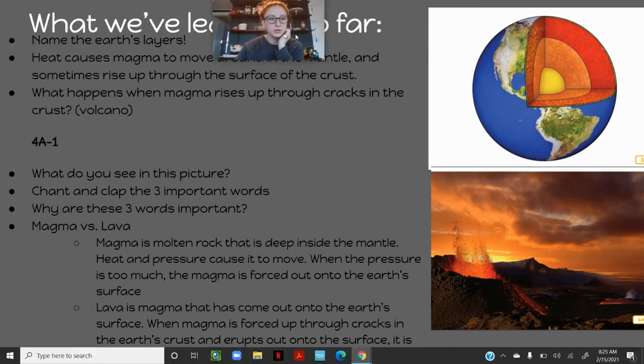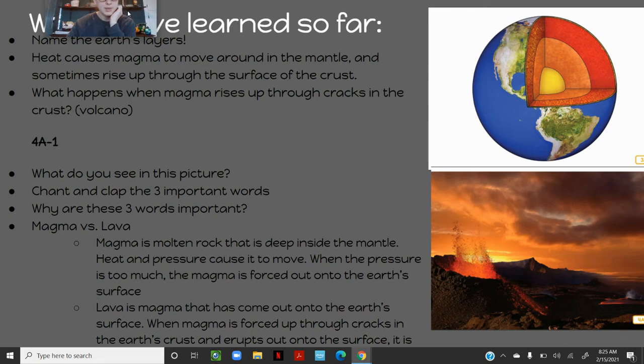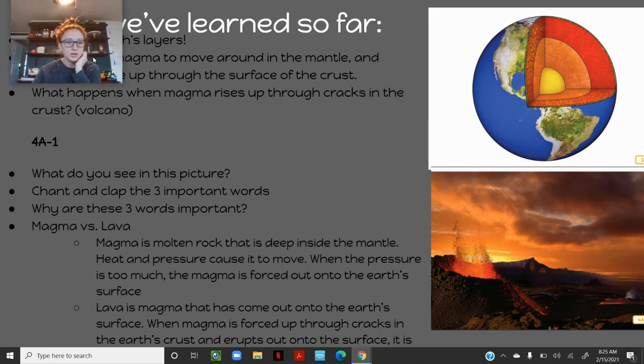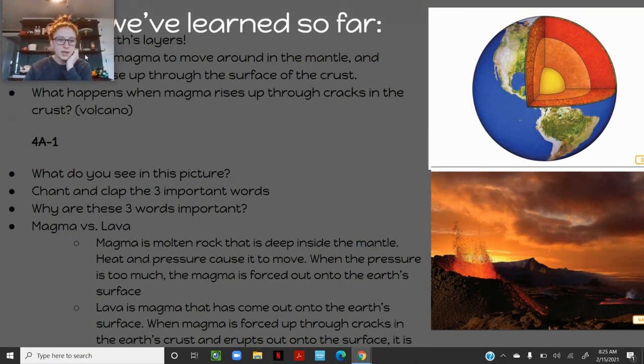So we also learned that heat causes magma to move around in the mantle and sometimes rise up through the surface of the crust. What happens when that magma rises up through the cracks in the crust of the earth? Remember we talked about there's magma and there's all this pressure and then all of a sudden it comes through the cracks of the crust.